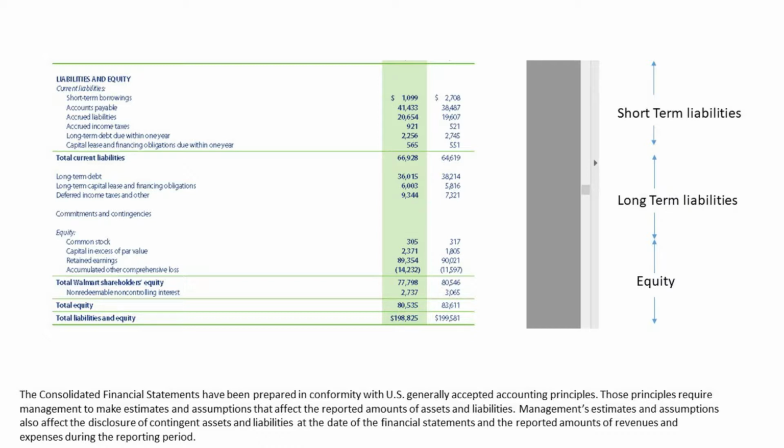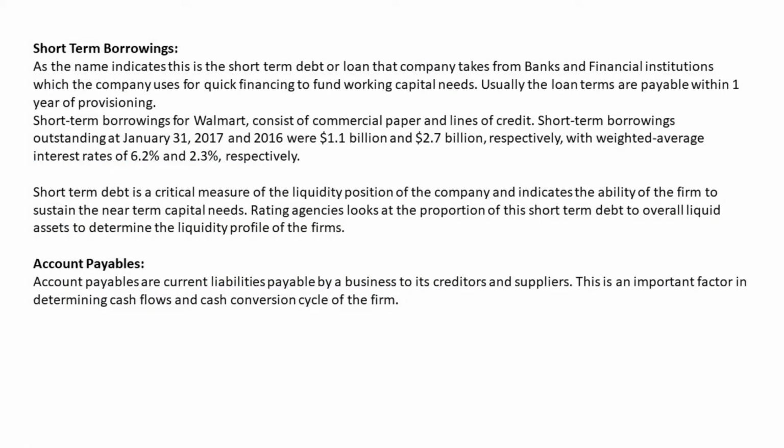The first part of the current liabilities is short-term borrowings. As the name indicates, this is short-term debt, the loan that the company takes from banks and financial institutions, which the company uses for quick financing to fund immediate needs like working capital needs. Usually these loans are tenured for less than a year, and that's why it's called short-term borrowing.